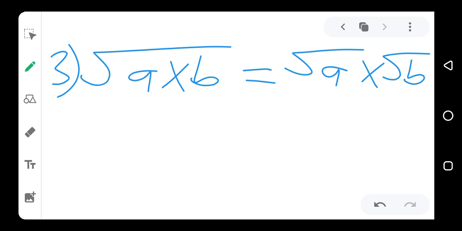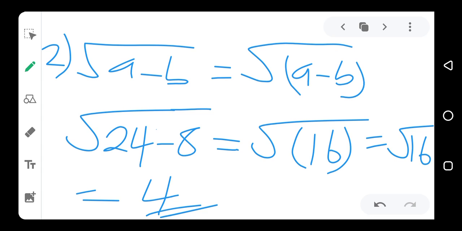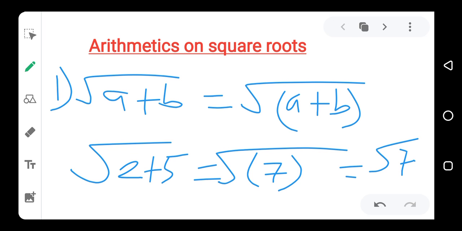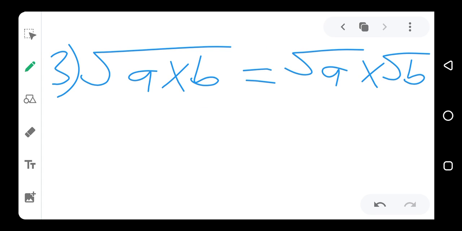Here we can separate the two things inside it if they are separated with multiplication. So each of them can carry their own separate roots. But in subtraction, you cannot separate two of them. They must be combined with one single root. And also in addition, it must be combined with one single root. But for multiplication, you can separate each of the terms. A can have its own roots and B will have its own roots.